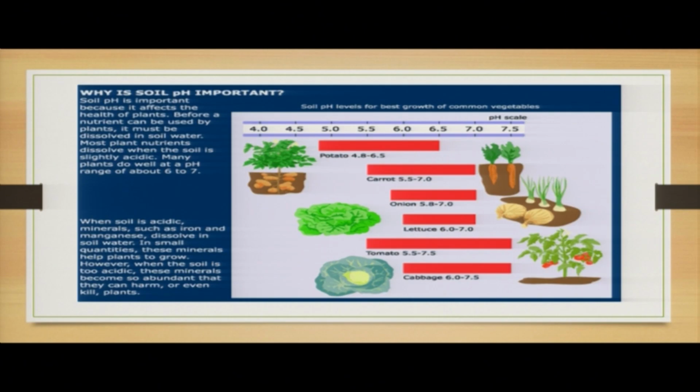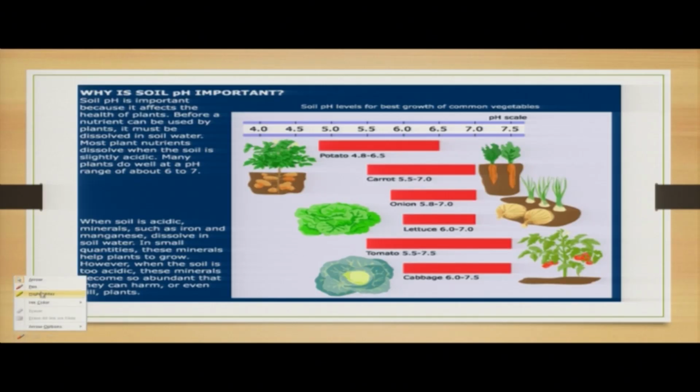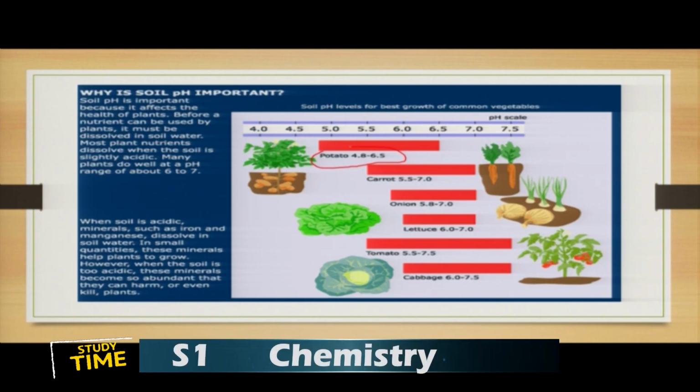Why is soil pH very important? If you are planting certain crops, you need to know which crops grow well in a specific pH of the soil. That is why we have a number of crops over there. When you go to the screen, we'll be able to show that tomatoes grow well in the pH ranging from 4.8 to 6.5.